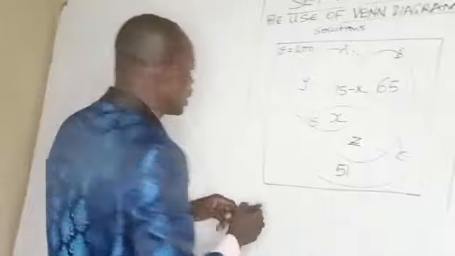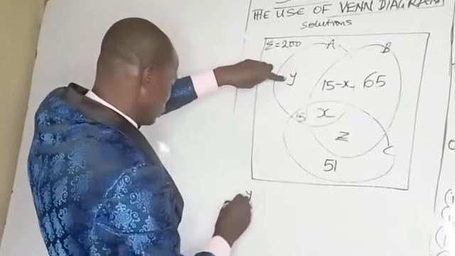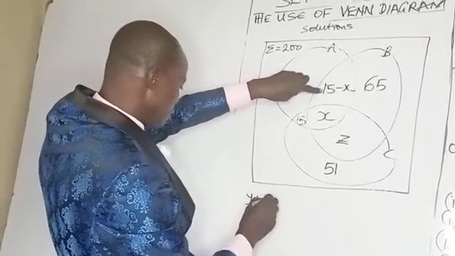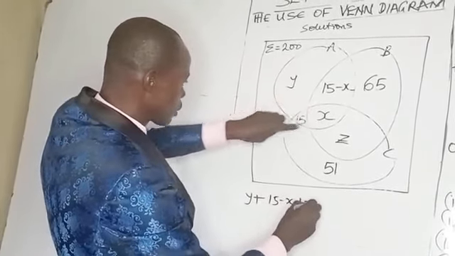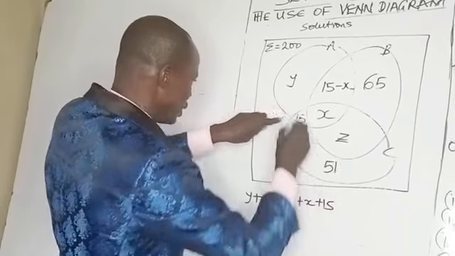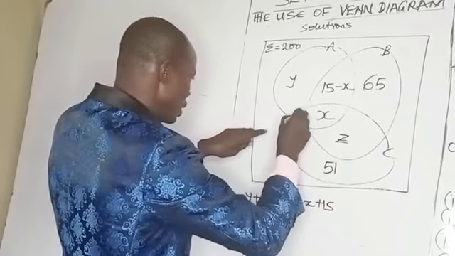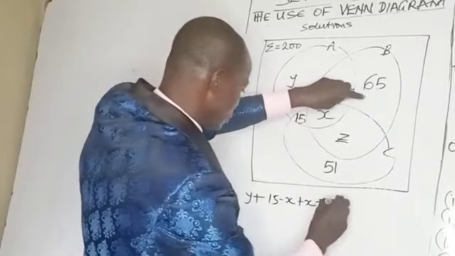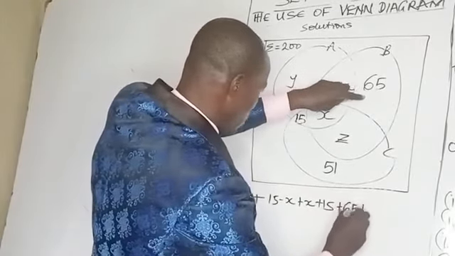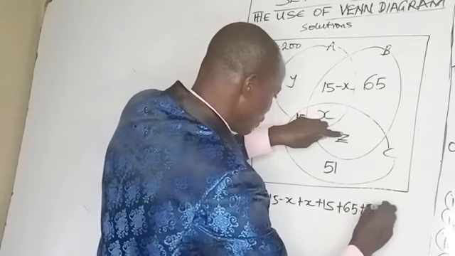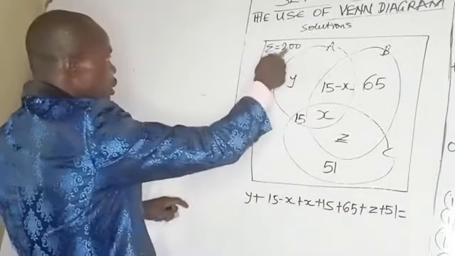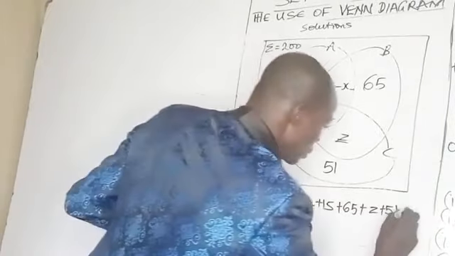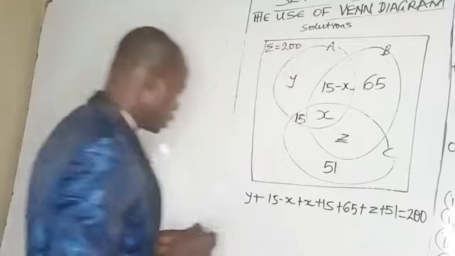Let's sum up everything. The universal set is already given to be 200. So we have Y plus 15 minus X plus 15, plus 65 plus Z plus 51, and everything totals 200.